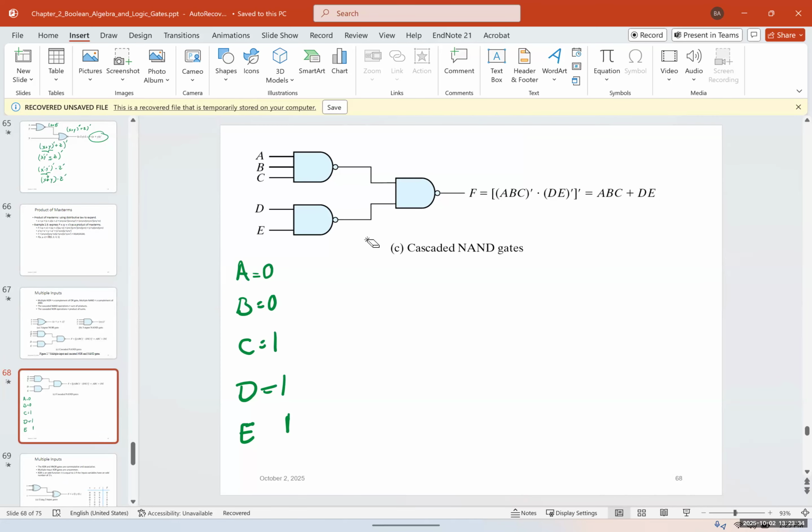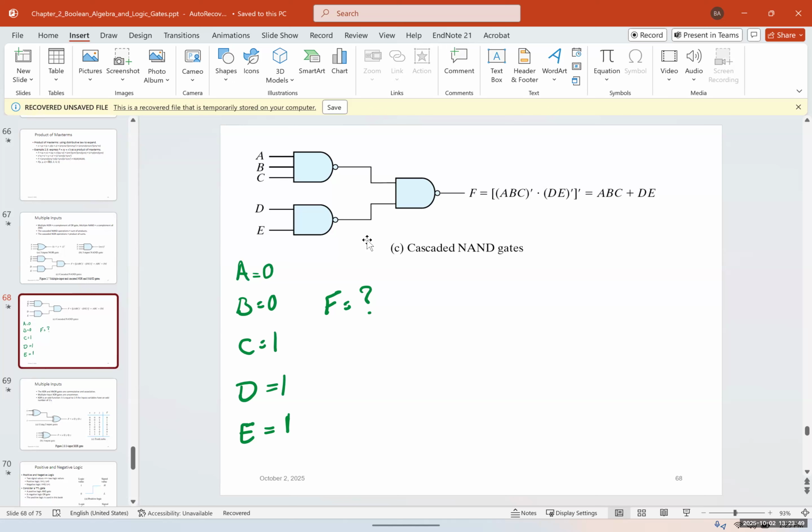And I want you to find the output F. So what is the output F?